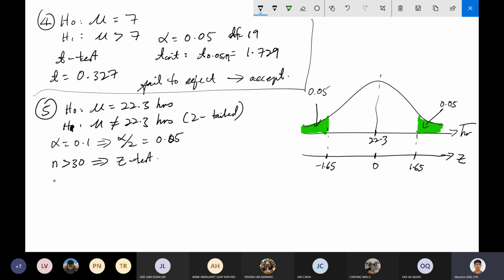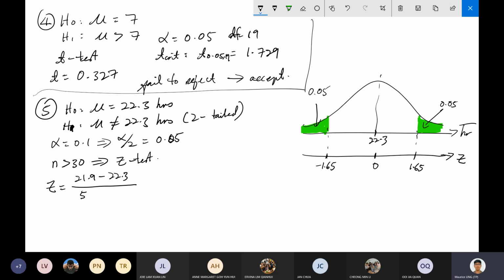Okay. Then you calculate the Z statistic. You end up with what? Z statistic, you take 21.9, which is given, minus 22.3, divide by the standard deviation, which is 5 hours, because it's the square root of 25.